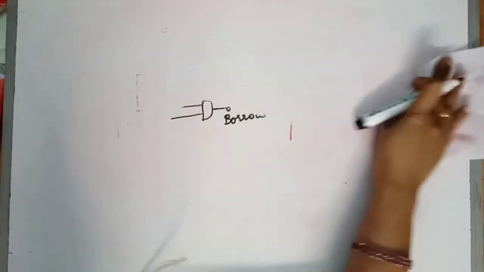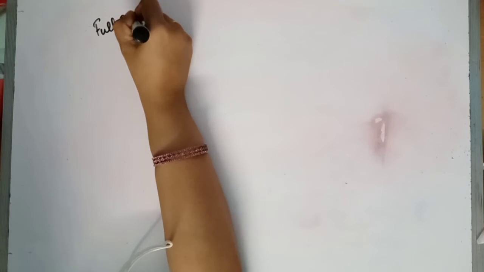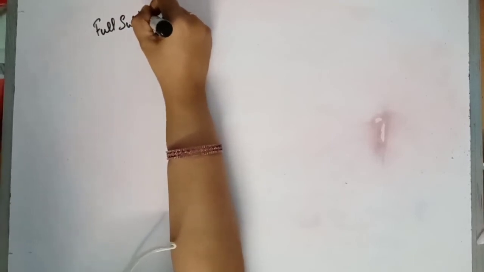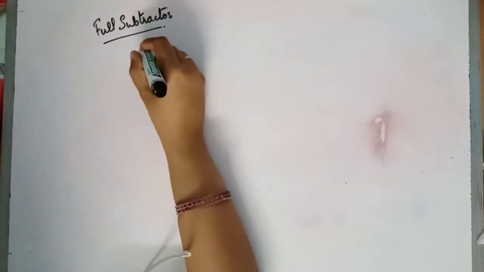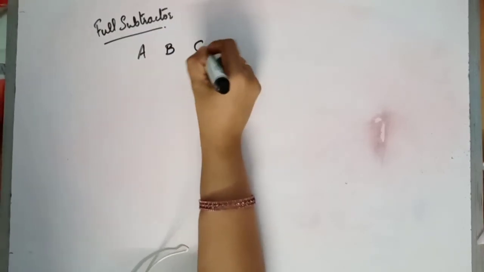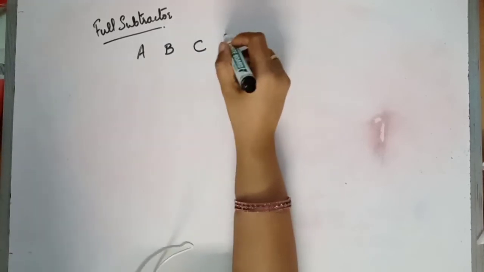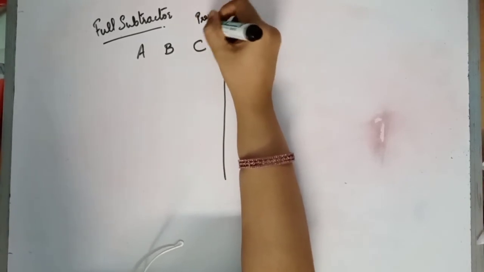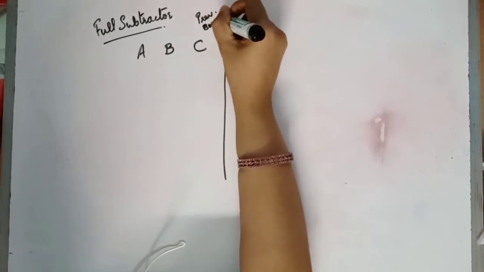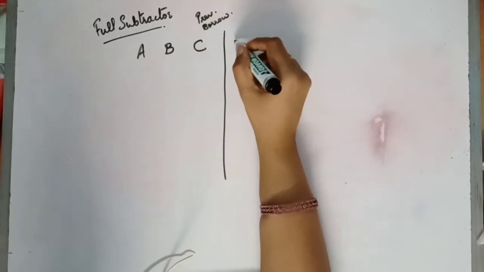So in the case of full subtractor, like in the case of full adder, you have 3 inputs, A, B, C, where C is the previous borrow. I'm just notating it with C, okay, for ease of writing.